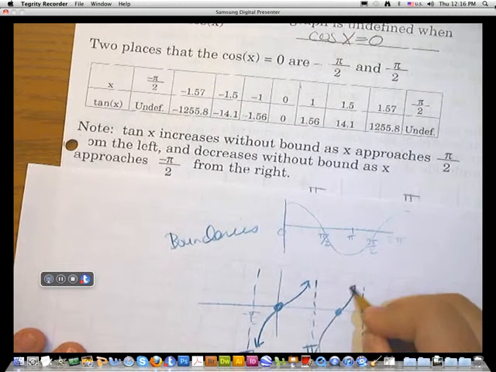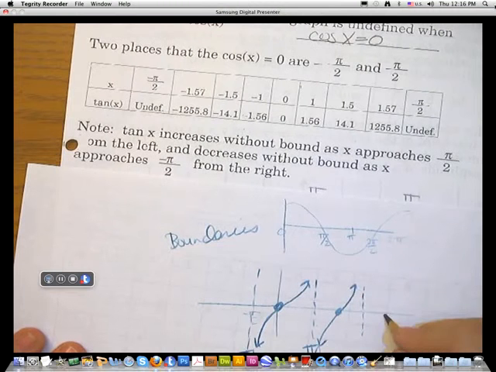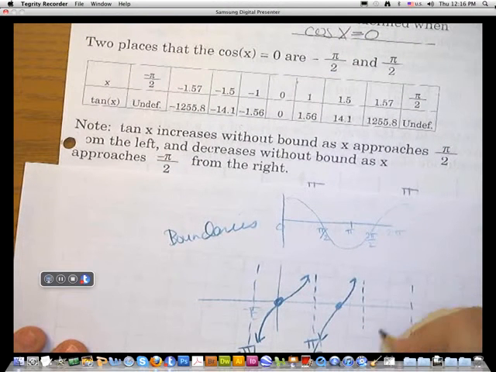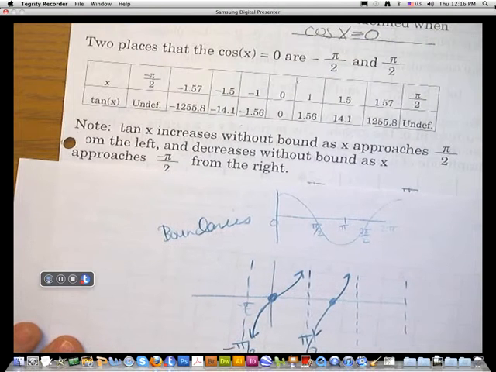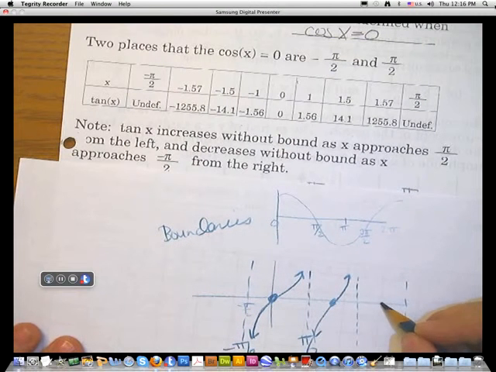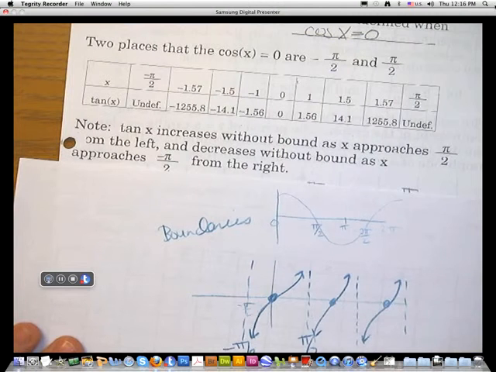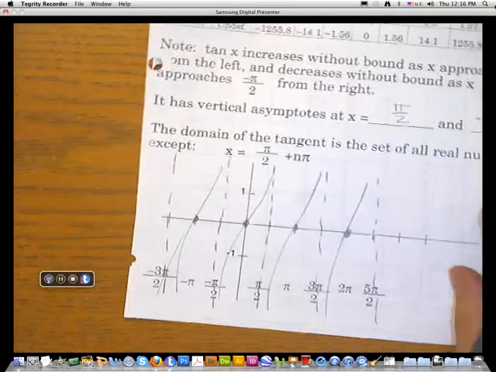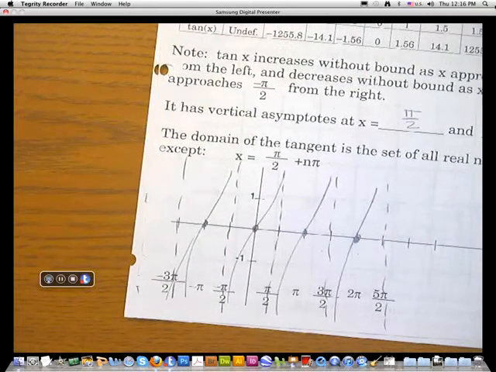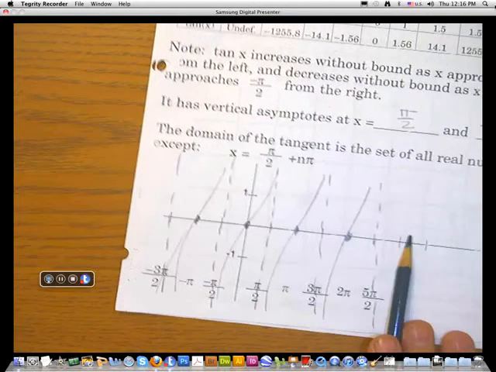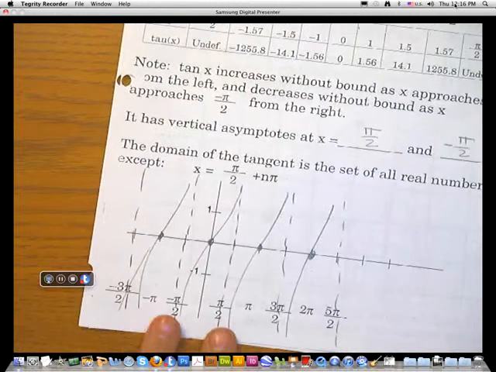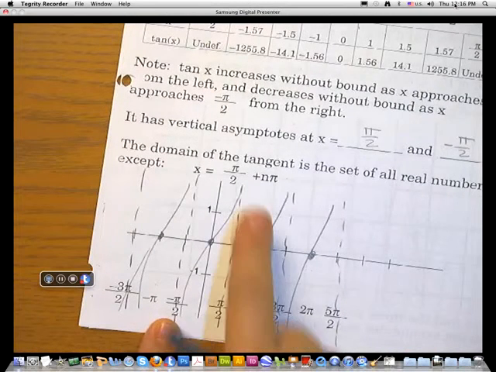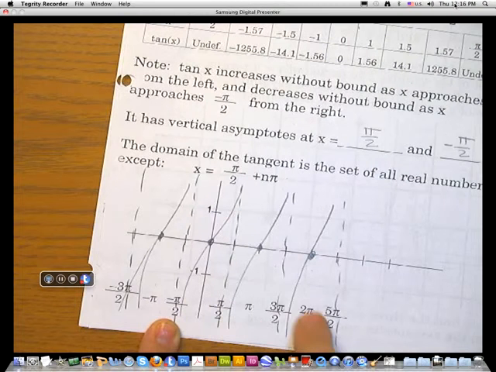So our tangent lines, at every pi over 2, there's going to be an asymptote, and our tangent line is going to cross halfway between. So that's what a tangent is going to look like. Whether it's positively or negatively, every pi over 2 is going to contain a wave that is increasing.